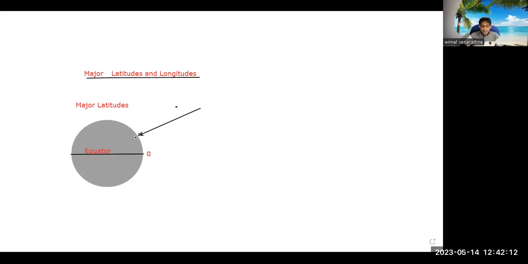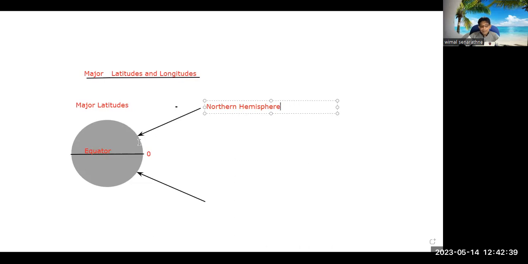This half and this half, right? This is called northern hemisphere. Hemisphere means ardhagolaya, half of a globe. Right? Then this is called northern hemisphere.